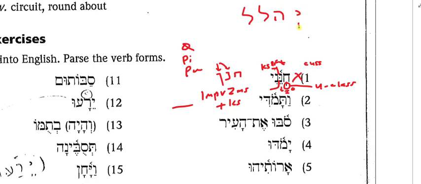Well, the imperfect would be yehalel with doubling in root 2, right? Yehalel. The imperative would be chop off the prefix, and it would be halel. Halel. So what would the Piel imperative of Hanan be? It would be hanen, right? Is that what we have here?